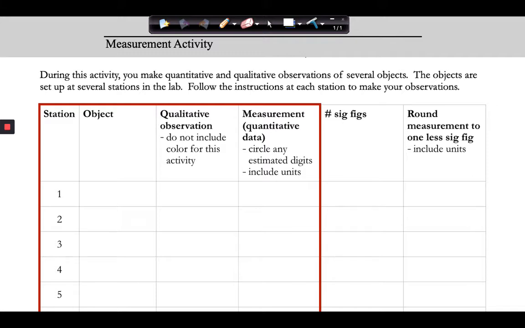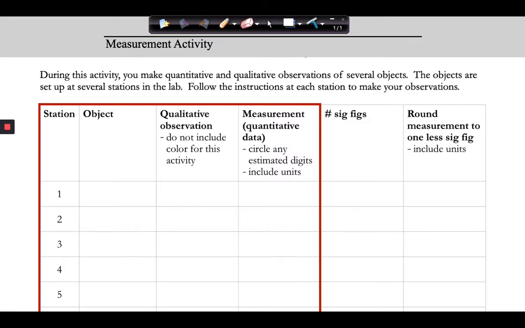First thing, the first box, you're going to write down what is the object that you are making a measurement for. Then the second thing that you're going to do is you're going to write down qualitative observations about whatever that object is. You can write down whatever descriptions you want other than color. Because if I allow color, then I just get 15 different colors. So I'm going to ask you to think beyond color.